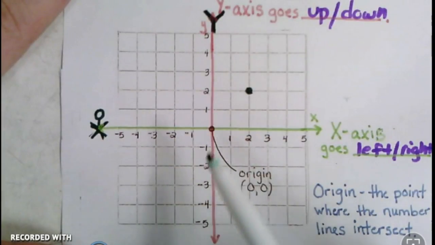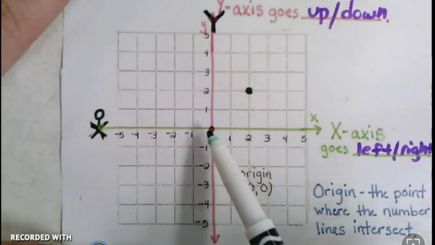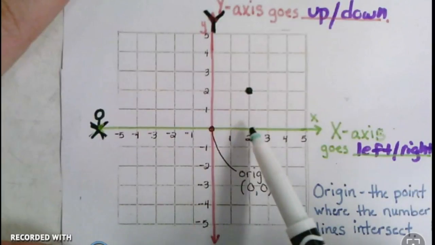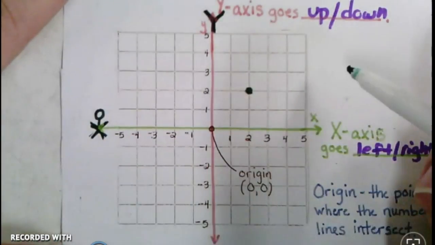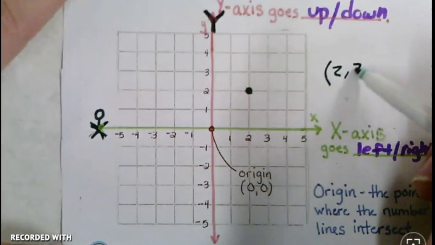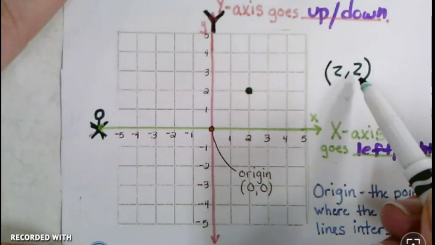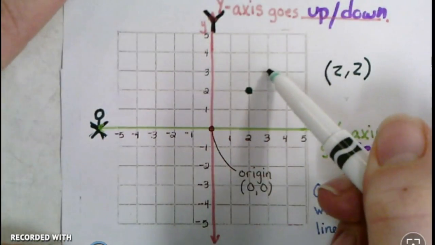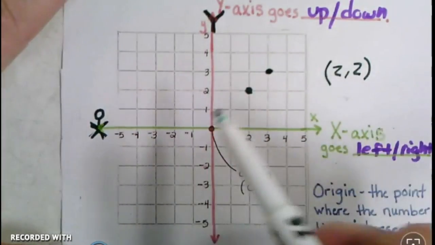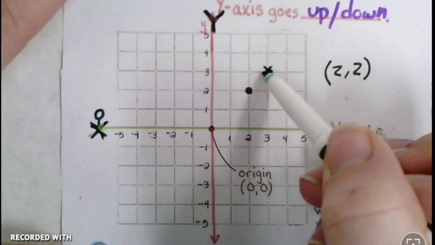Our little guy starts at the origin, and I'm going to run over 2 places, and then I'm going to ride up my elevator 2 places. So that would be the coordinate 2, 2. The x value is a 2 and the y value is a 2 in this case. If I were to do a coordinate here instead, then I would run 1, 2, 3, oh, I don't want to go there.